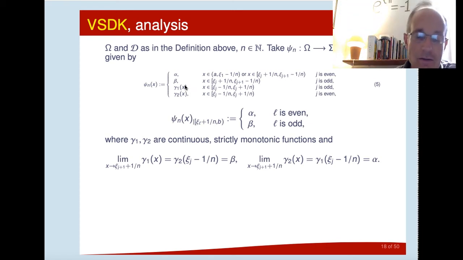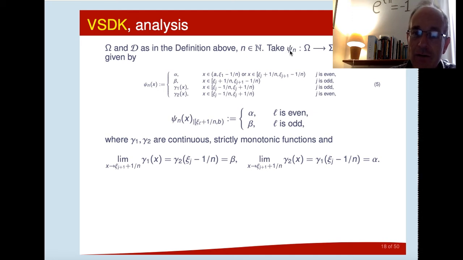The idea is to understand if this VSDK approach converges to the classical one. And so what we do here, this was the first idea, was to take a sequence of, let's say, scaling functions. So these psi n are a sequence of scaling functions defined in the following way. As you see, n can be any positive integer.